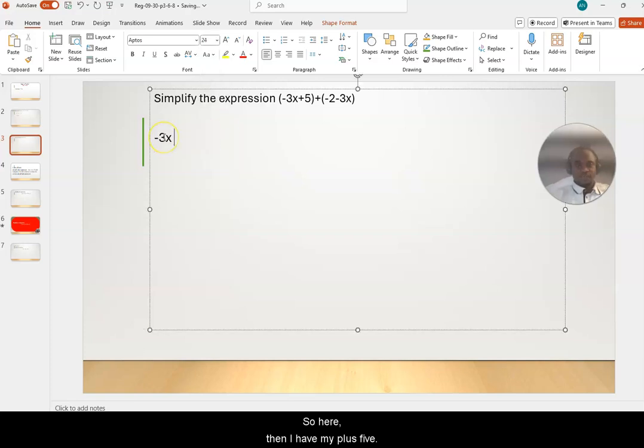Then I have my plus 5, then I'm going to have my plus here, then I have minus 2, then I have minus 3x. So let me make it a little bit bigger for you to see.